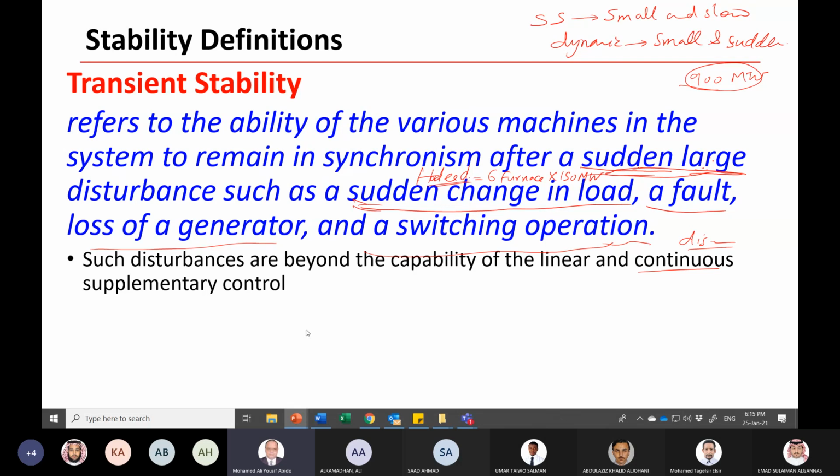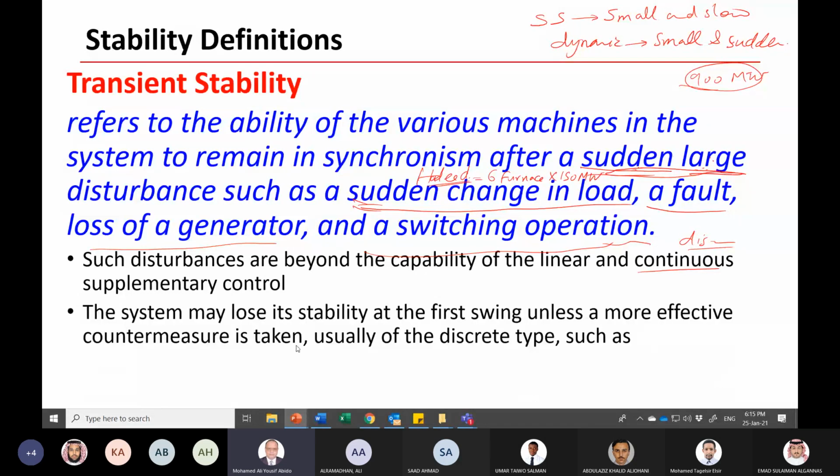So in this case, the measures will not be continuous, but very aggressive, on and off. So, beyond the capability of linear and continuous control, the system may lose its stability at the first swing.